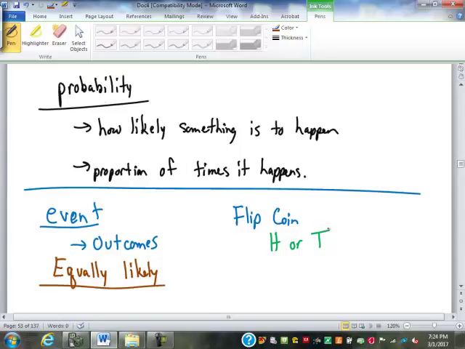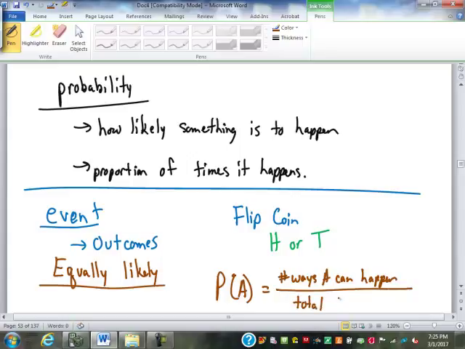the probability of that outcome, I'll call it outcome A, is equal to the number of ways A can happen divided by the total number of outcomes for that event.